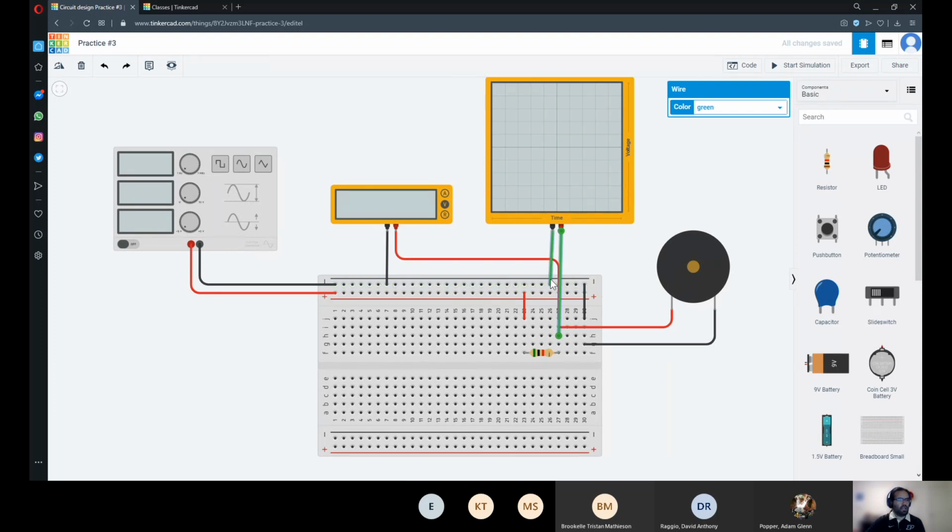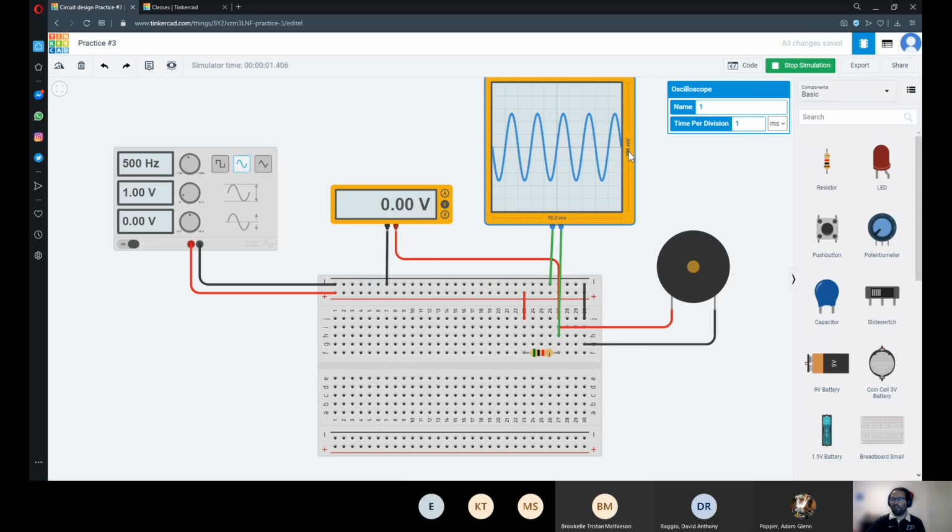So one is connected to the negative side, which we normally, depending on the case, will say is the ground, and the other is connected to the positive wire of the speaker. So there you go. That's our signal.